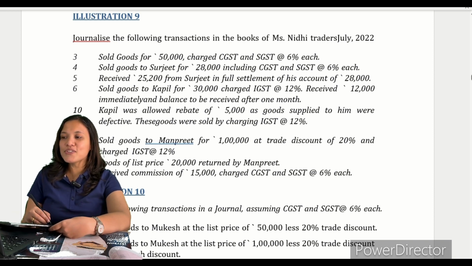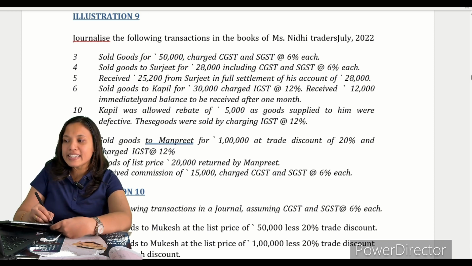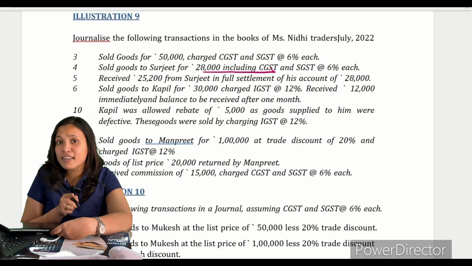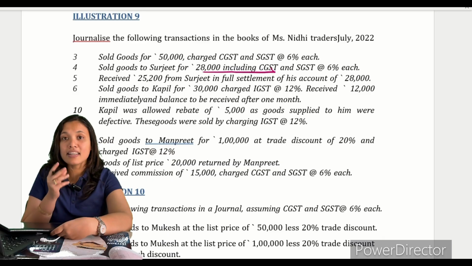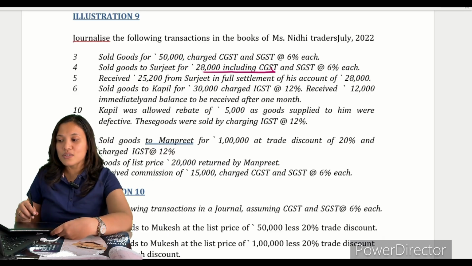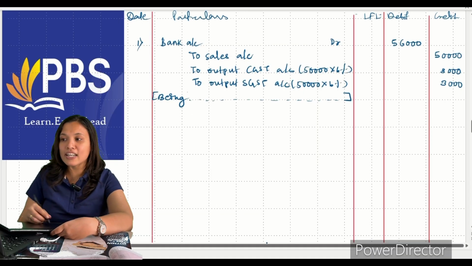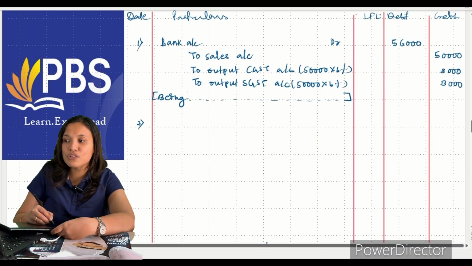Now, sold goods to Surjit for 28,000 including. We have earlier done in our earlier classes including how to do it. I have already shown. So be attentive while reading. It is given including, goods sold to whom? Surjit. So it is Surjit account to sales account.